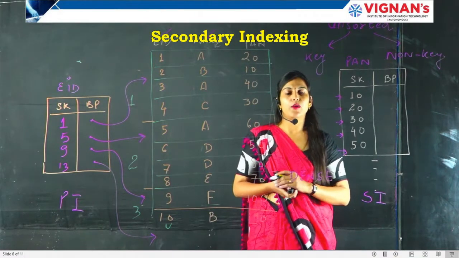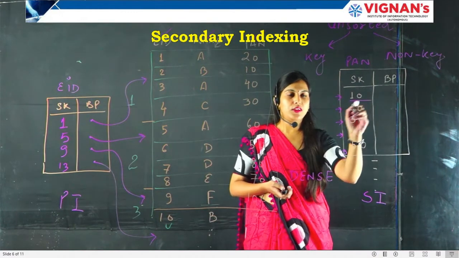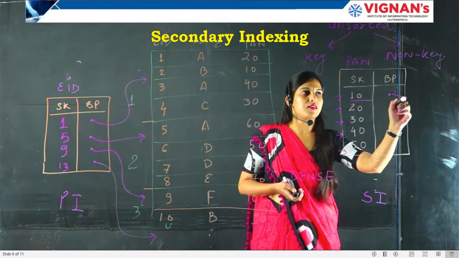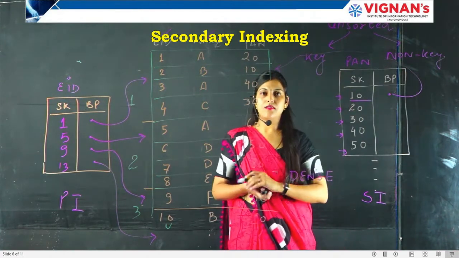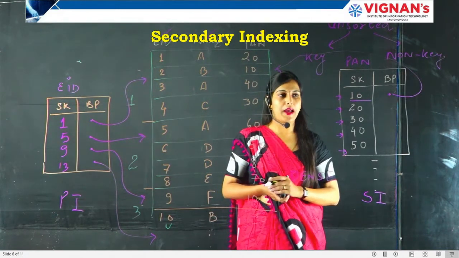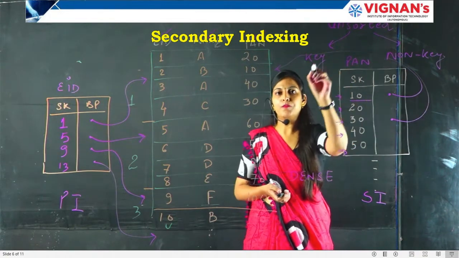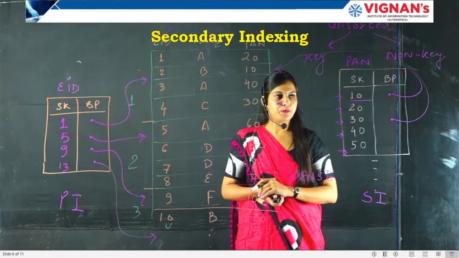Now whenever a query comes, if search key value 10 is required, the reference will be given for this record. Again, if the query asks for the record with PAN number 30, then the block pointer will point to the record with PAN number 30.